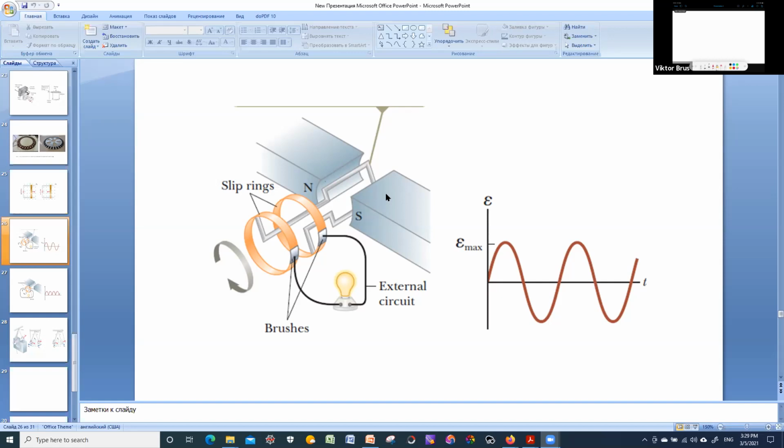It could be that this magnetic field is created by electromagnets. So you need to run some current first to create the magnetic field, and then this generator starts to work as a generator. So it has a kind of self-supporting process of operation, when part of the generated current is used for electromagnets to create the magnetic field.